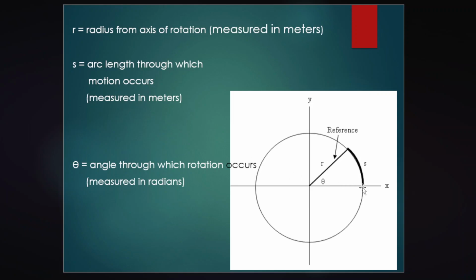So if you're driving in a circle, this would actually be the distance that you travel. So it's part of the circumference. And then you have theta, which is the angle through which rotation occurs, measured in radians. Oftentimes also in degrees, but we convert back and forth for those.